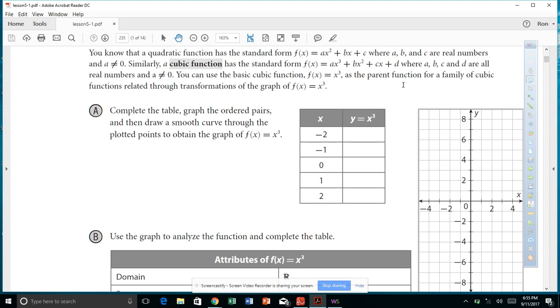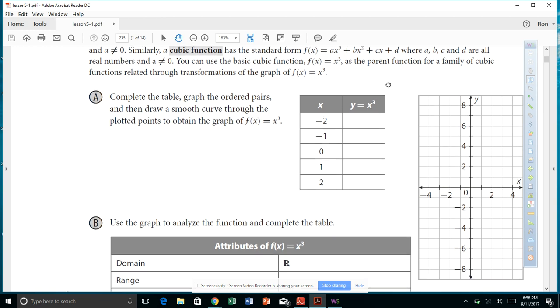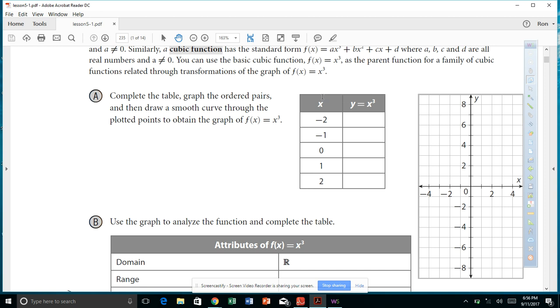Similarly, a cubic function has a standard form f of x equals ax cubed plus bx squared plus cx plus d, where a, b, c, and d are all real numbers and a is not equal to 0. You can use the basic cubic function f of x equals x cubed as a parent function for a family of cubic functions related through the transformation of the graph of f of x equals x cubed.